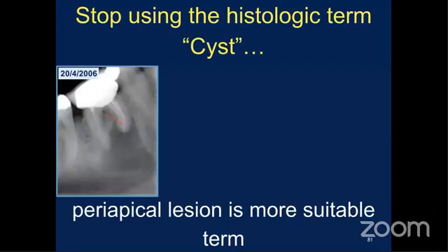So when we have a huge lesion here, we will say this is an endodontic or periapical lesion. We will not call it cyst because the term cyst means we are justifying surgical intervention. We will go for proper root canal treatment and healing will occur.